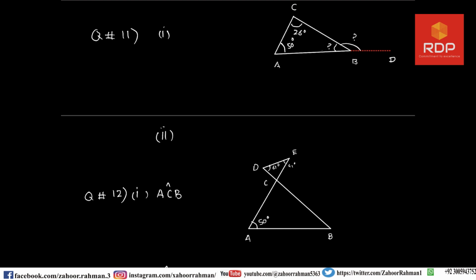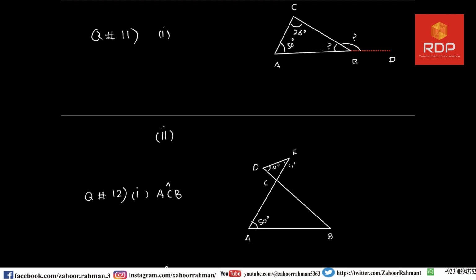The question is saying that in triangle ABC, angle BAC is equal to 50 degrees, which is this one, and BCA is equal to 26 degrees, which is this BCA.